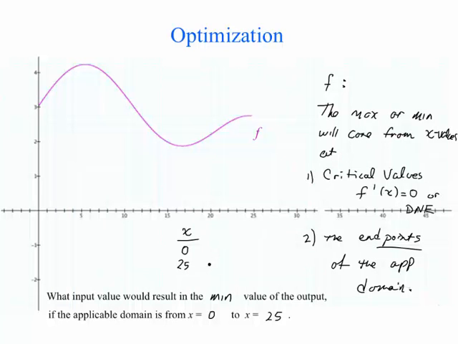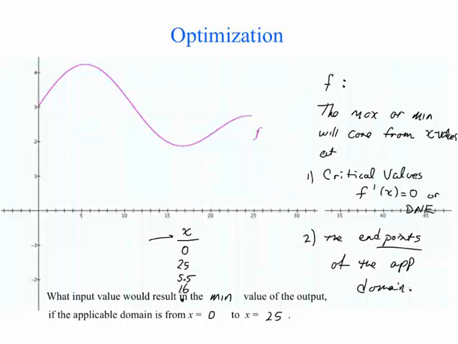All right, so we already got 25 because it's the endpoint. Okay? So yeah, we're going to make this list of potential candidates for max and min, and that list will come from critical values and endpoints.